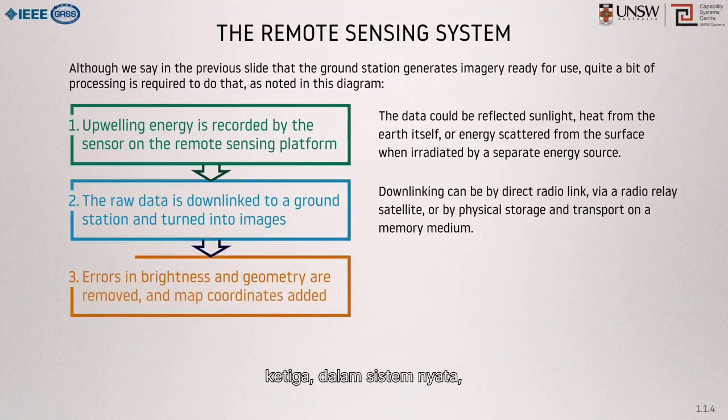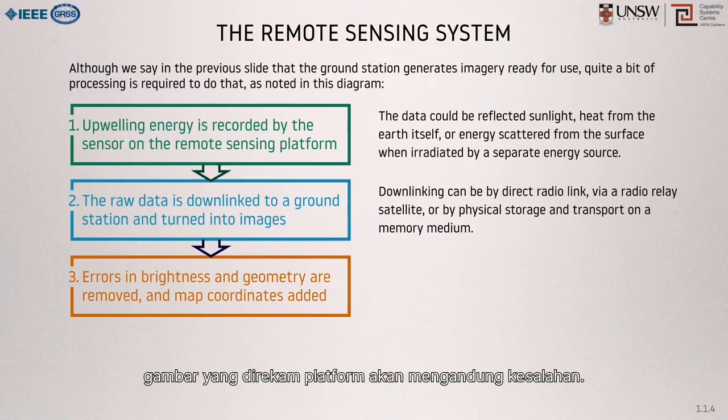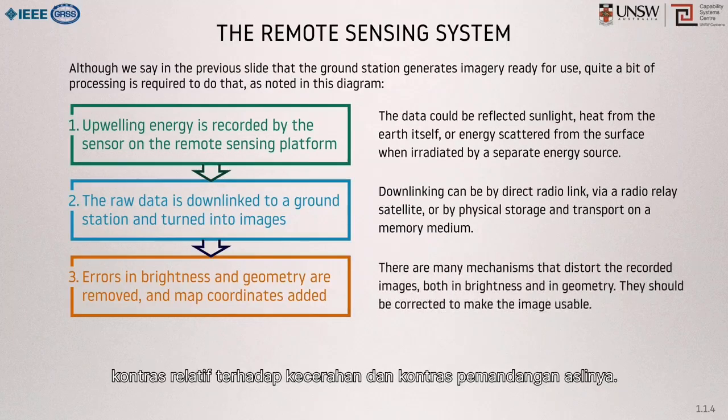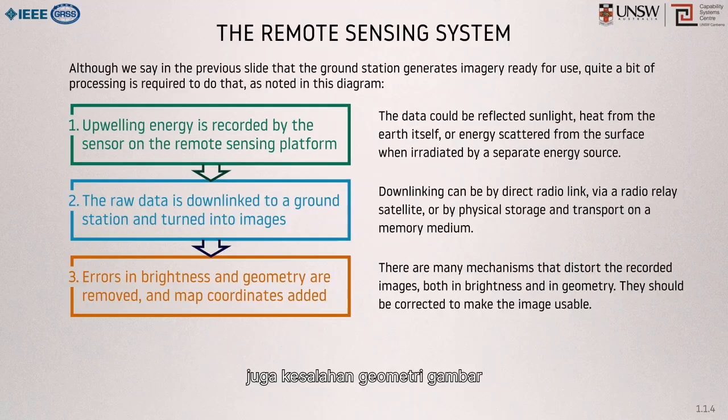Thirdly, in any real system, the images recorded by the platform will have embedded errors. There can be errors in brightness and contrast relative to the actual brightness and contrast of the scene being imaged, but there can also be errors in the geometry of the image compared with the spatial arrangement of features on the Earth's surface.